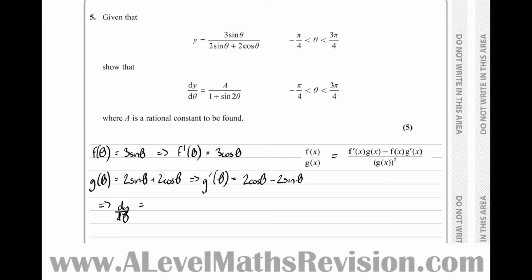So dy by d theta equals, we've got f dash theta on the top. So f dash theta, which is 3 cos theta, times g of theta, so times 2 sine theta plus 2 cos theta.